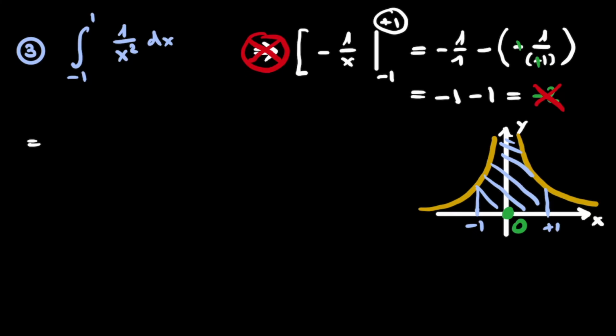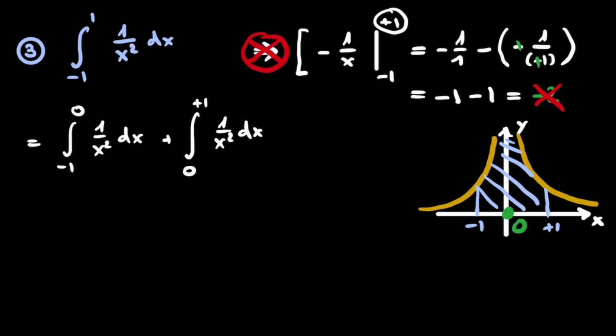And so we get the integral from -1 to 0, our divergent point, of 1 over x squared dx, plus the second part of our integration from 0, our divergent point, to +1 of the same function, 1 over x squared dx. So what we did here is to first integrate this part from -1 to 0, which is this integral, and then integrate from 0 all the way to +1, which is this second integral. And by adding these, we get our original integral again.